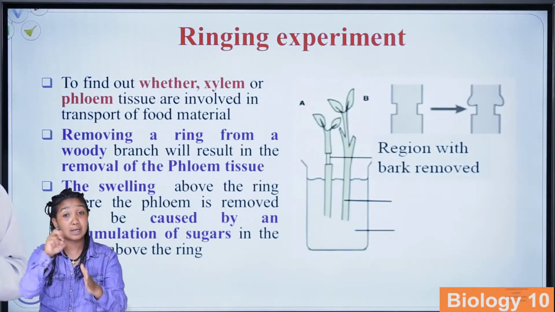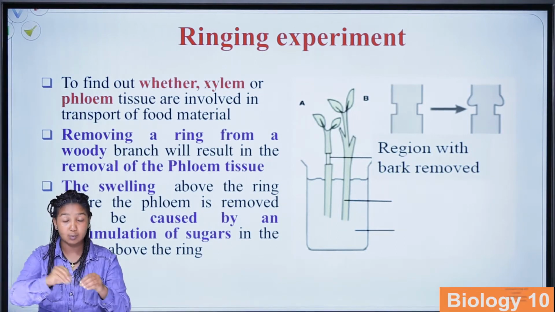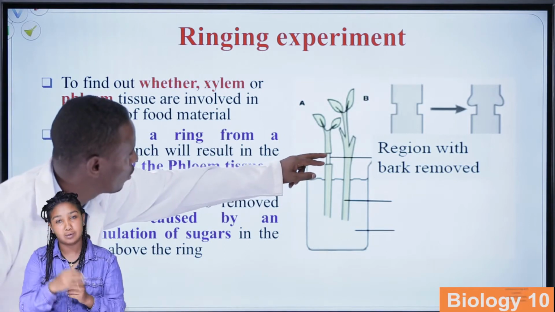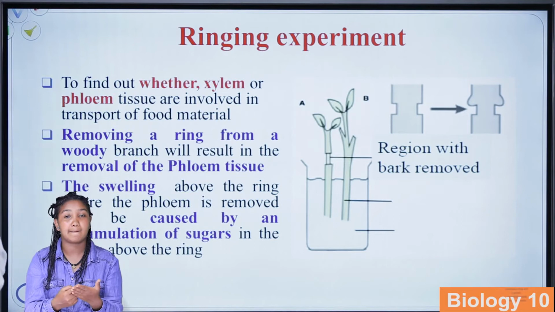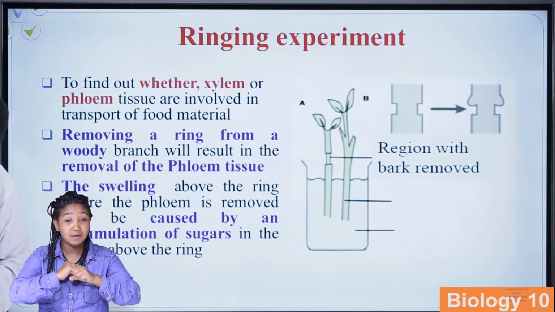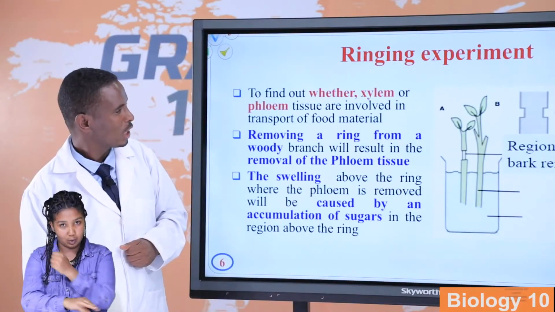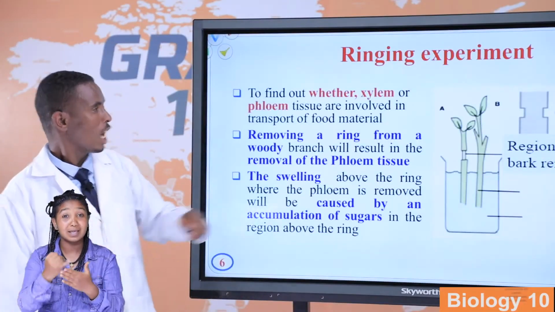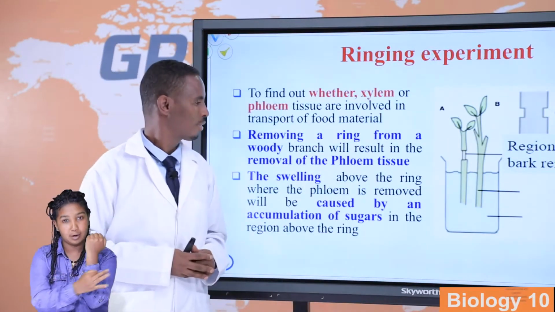We have said phloem transports synthesized food, and the ring is removed here, so the phloem is removed in the form of a ring. So it prevents the transport of food to the root. As a result, there is accumulation of food on the upper side of the ring.